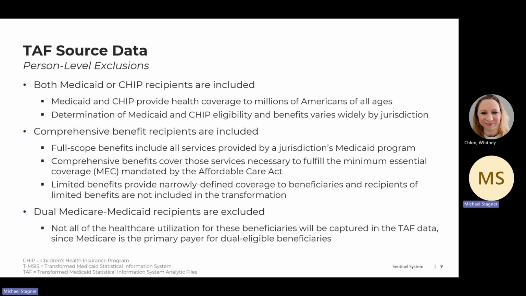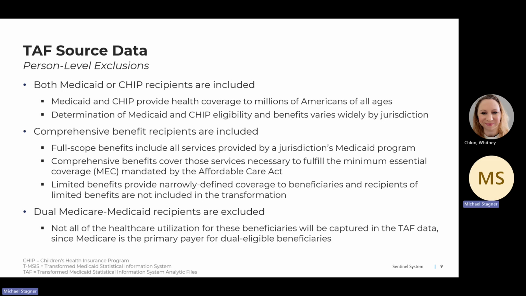Medicaid and CHIP programs were created by Congress through Title IX and Title XI of the Social Security Act, respectively. Medicaid and CHIP eligibility includes low-income adults, children, pregnant women, elderly adults, and people with disabilities.